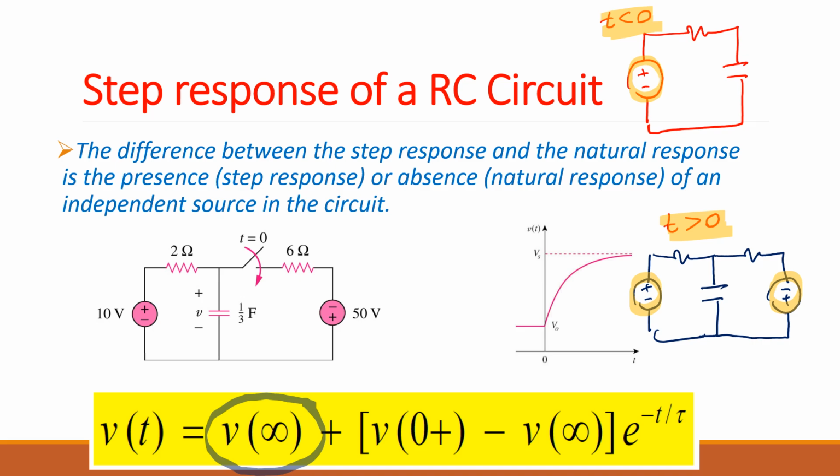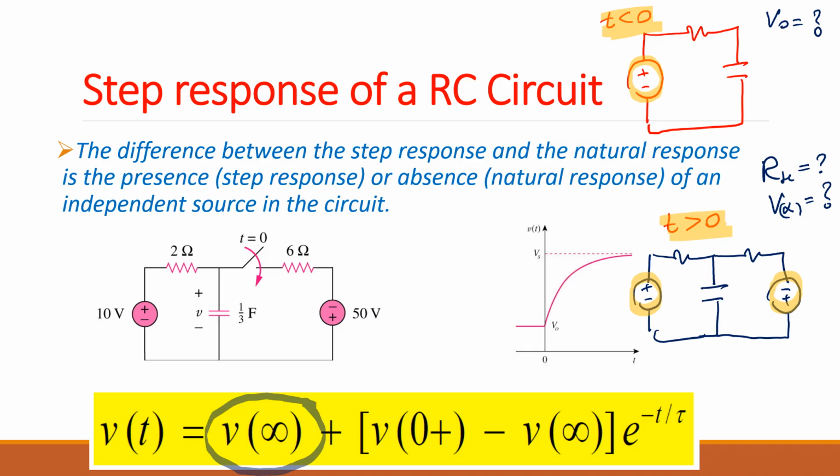In the previous one, V infinite was always 0 because the capacitor was fully discharged. Now to find the V infinite, you do everything in the same way. You can find the V naught from this one, and you can find the RTH and V infinite using this equation.